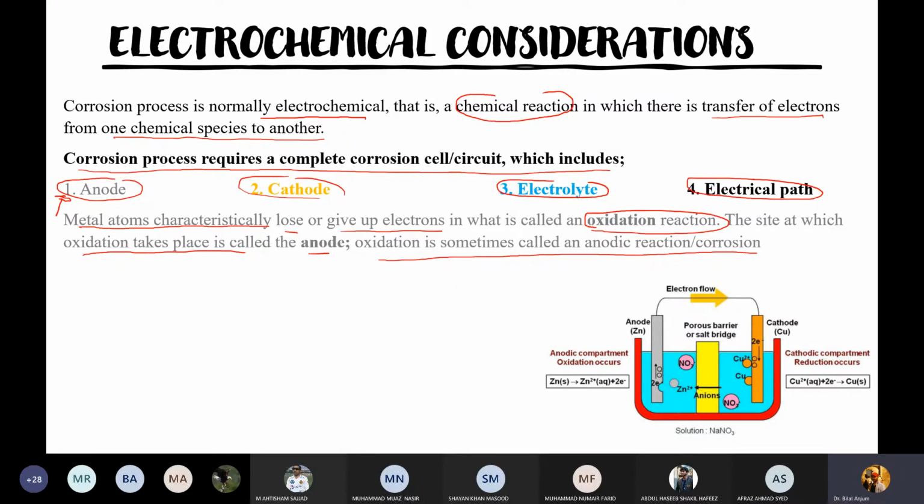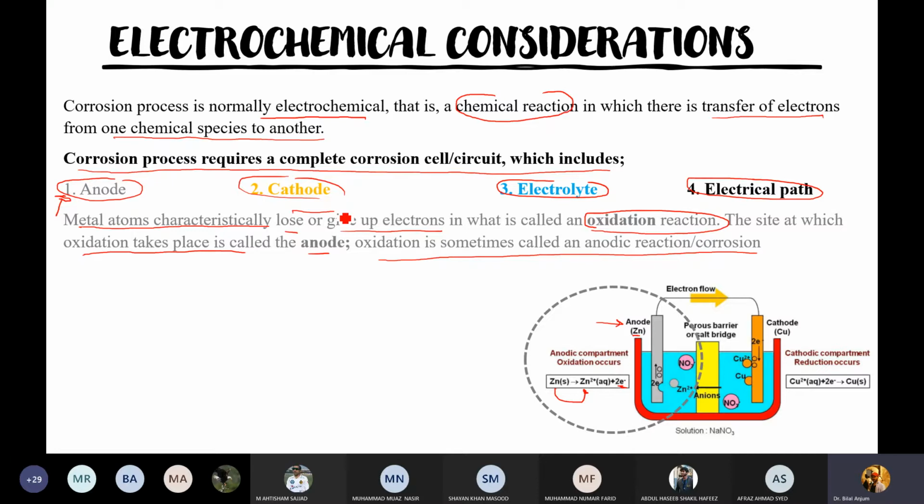And what are the typical reactions that result in the corrosion reaction or the anodic reaction? You have an anode over here, zinc, and zinc is basically converting into ionic form by losing two electrons.